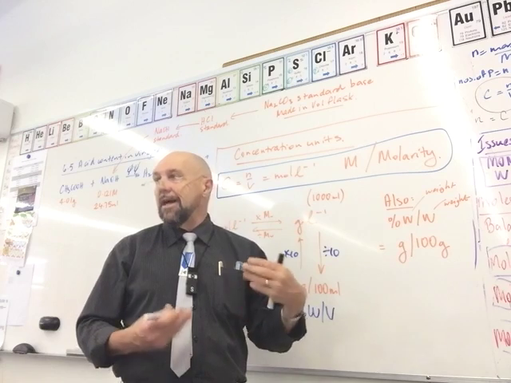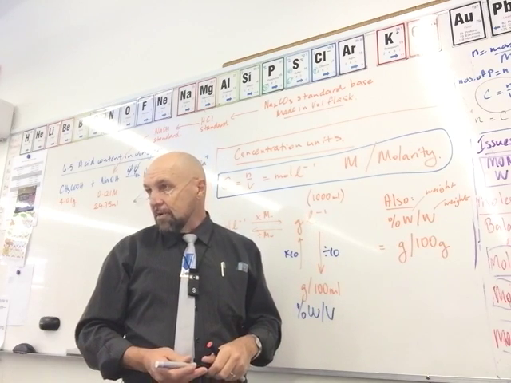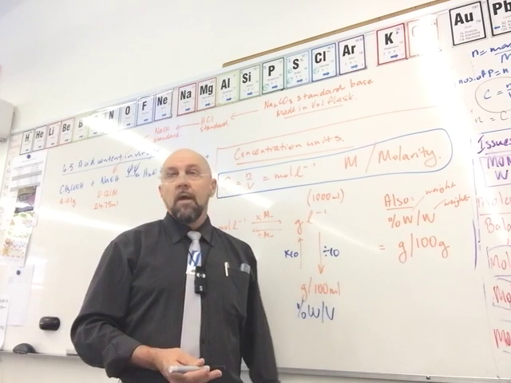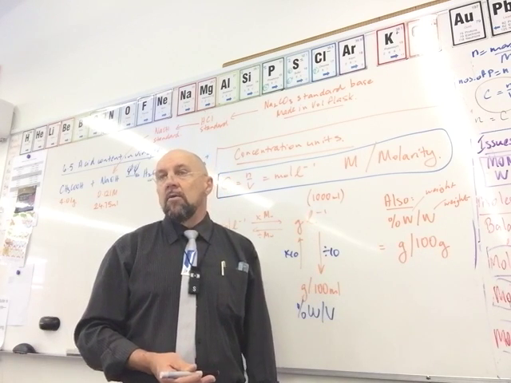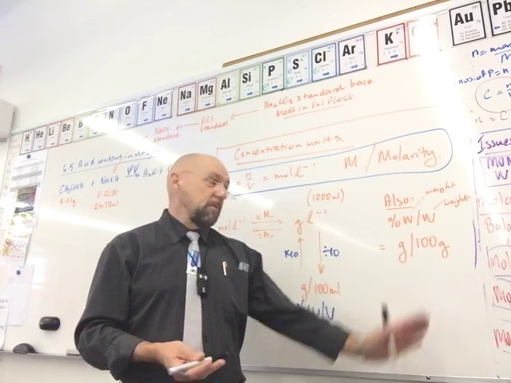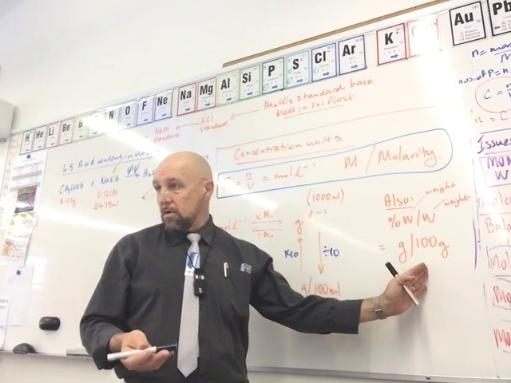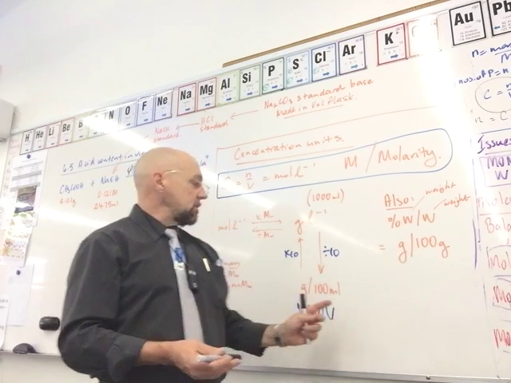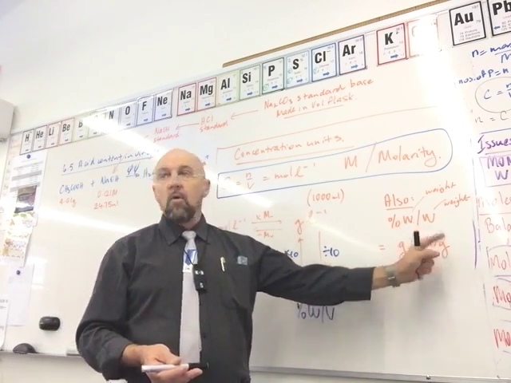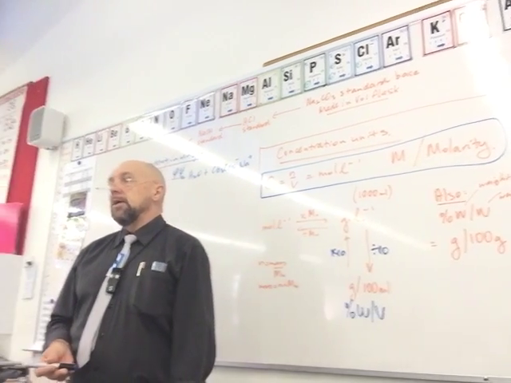That's what it's actually asking you to work out. So if I were to consume 100 grams of vinegar, how much acetic acid is in that 100 grams? As a percentage. And it happens to be nice because percent is of 100. So we're asked not percentage weight by volume, we're asked percentage weight by weight in our calculation.